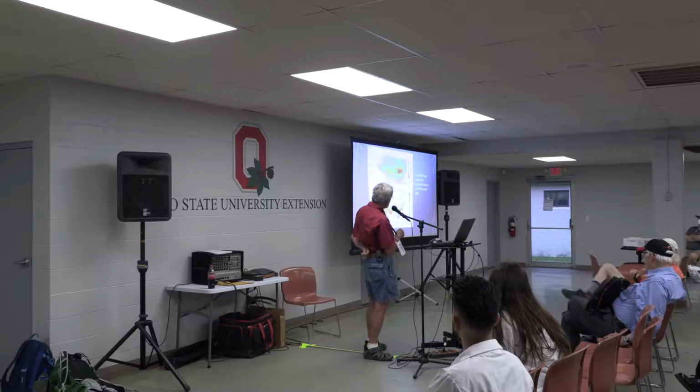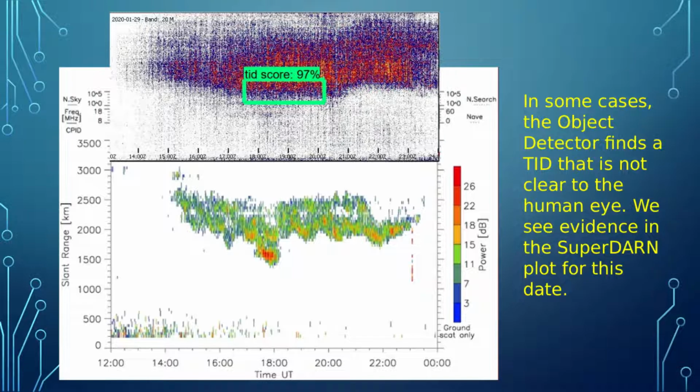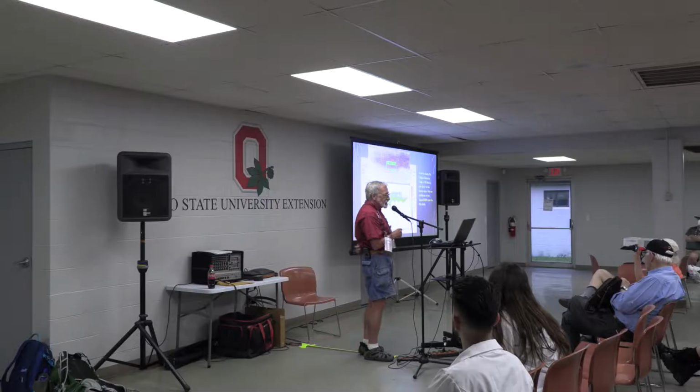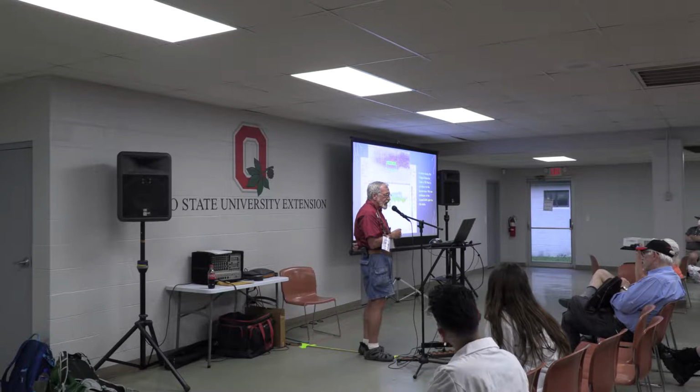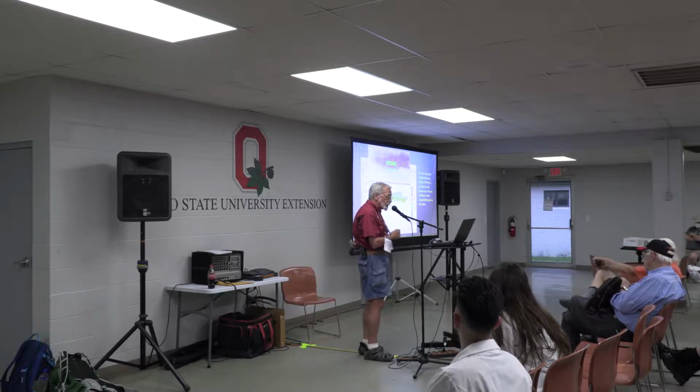So that's good. Now here is something where it draws a box around something, and when I first looked at this, I thought, oh man, was there an error here? I don't see anything here. Well, it turns out that this is a traveling ionospheric disturbance that's at or slightly below the lower threshold.